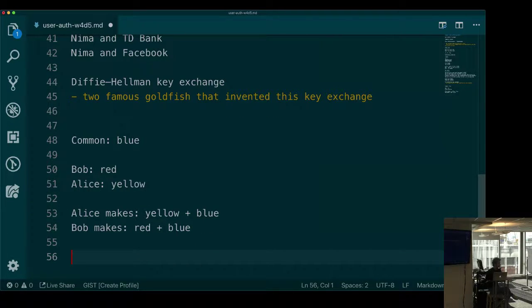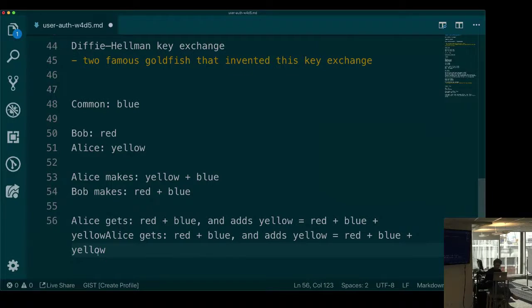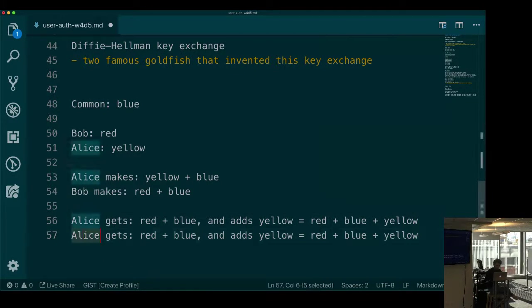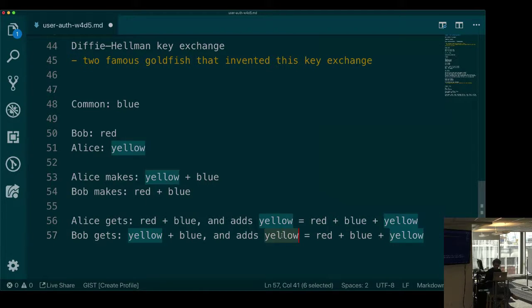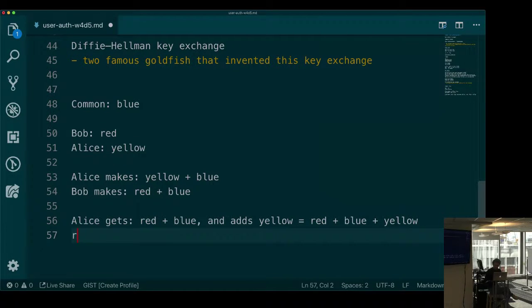Then when they exchange, Alice gets red plus blue and adds yellow for a total of red plus blue plus yellow. Bob gets essentially the same thing. Bob gets yellow plus blue and adds red. Did I get that right? Yeah. So Bob ends up with yellow plus blue plus red.